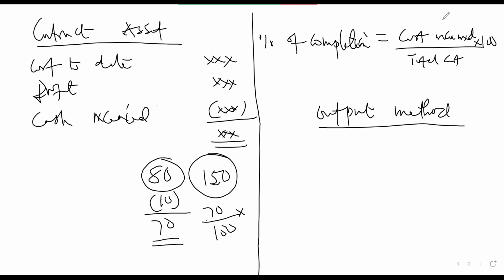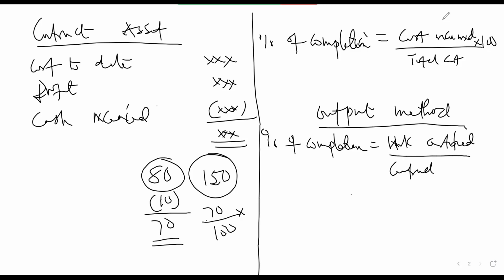But what we do is that for the percentage of completion, we don't use the cost again. We use the work certified. They will give you the work certified by a professional person. The work certified by a professional person divided by the contract price, which is the total revenue, then you multiply by 100.